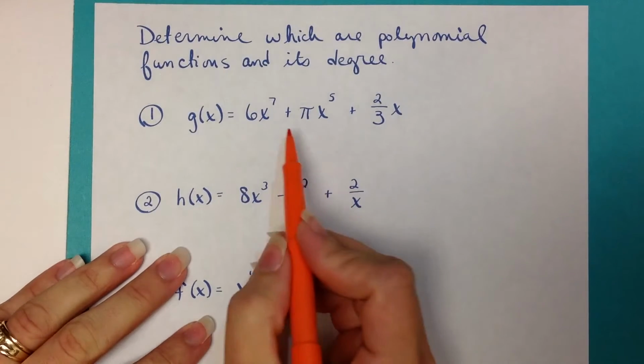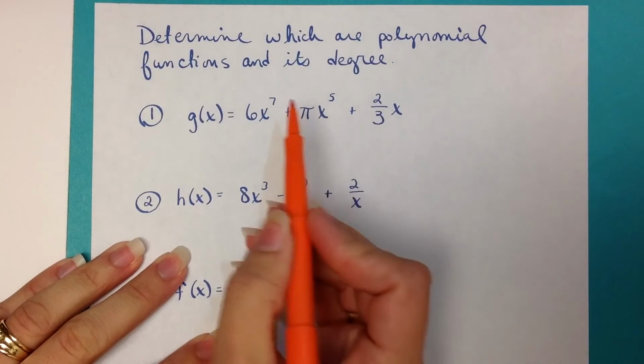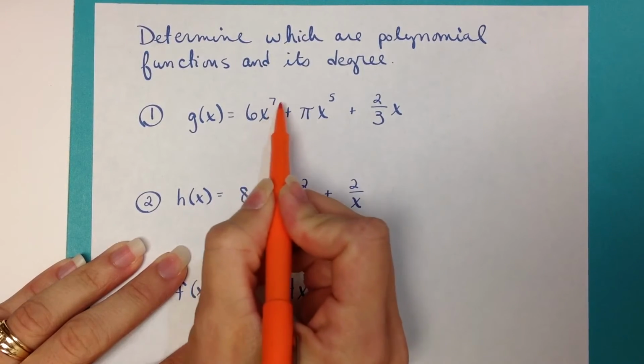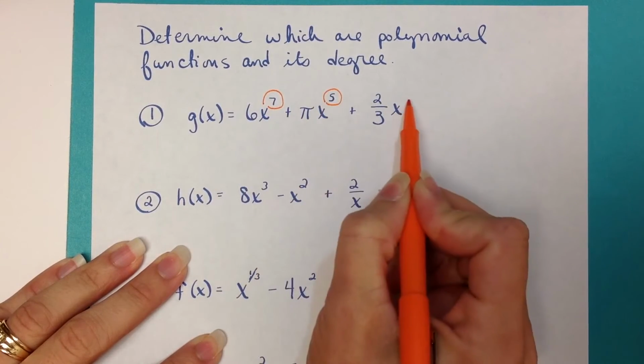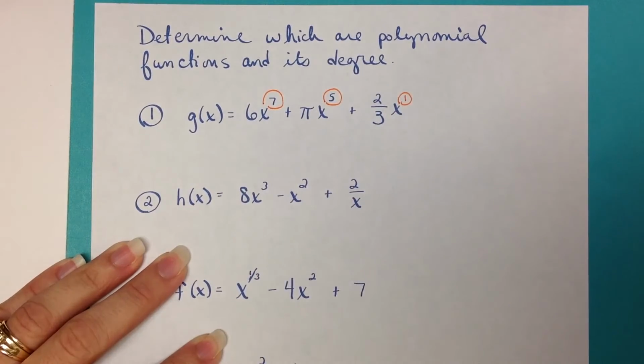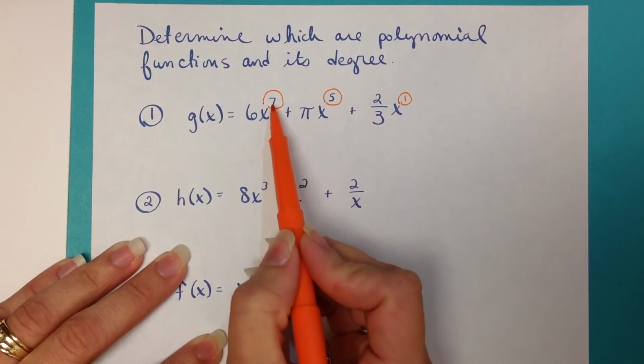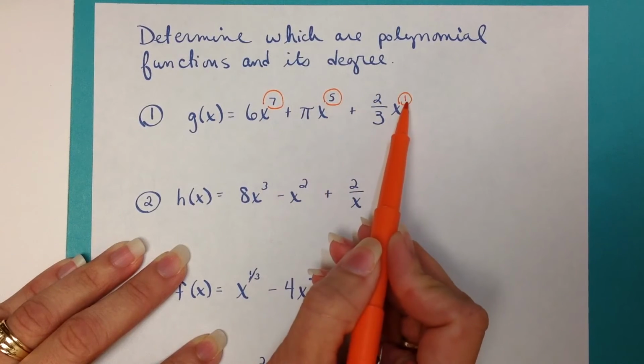This first one is a polynomial as long as, one thing to pay attention to is that your exponents, of course this one's an understood one, need to be non-negative, as we just finished talking about. But another thing is, x's are not going to be in your denominator. You're not going to have fractions as exponents. Okay, so these need to be positive. They need to be whole numbers.